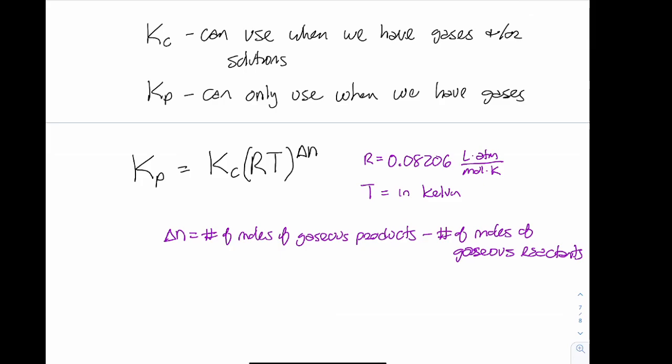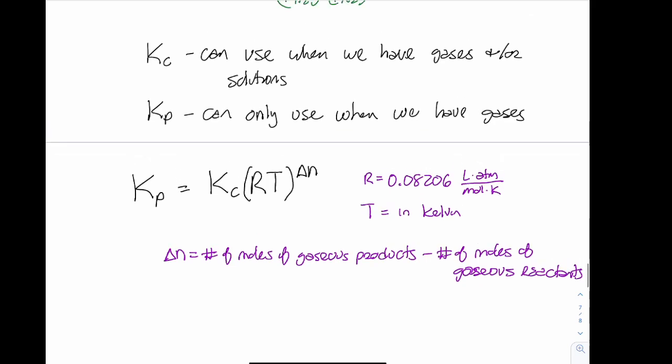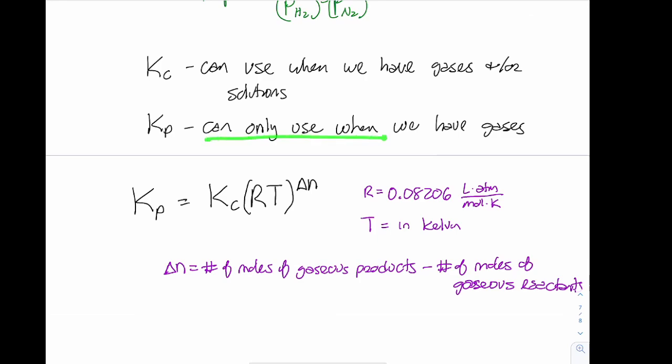So the number of moles of products that are gases, right, minus the number of moles of reactants that are gases. Again, everything that's part of the expression, if we're using Kp, does need to be in the gas state, right? We can only use Kp when we have gases, all being a keyword.